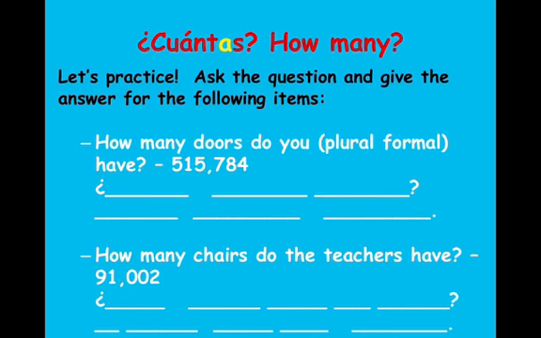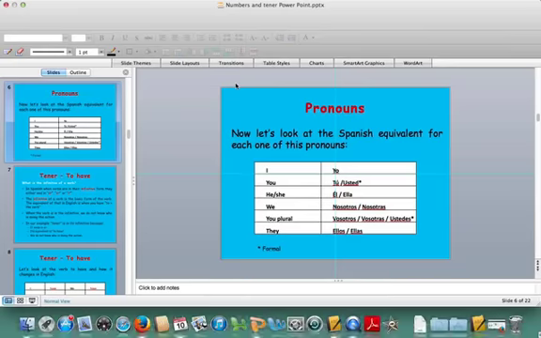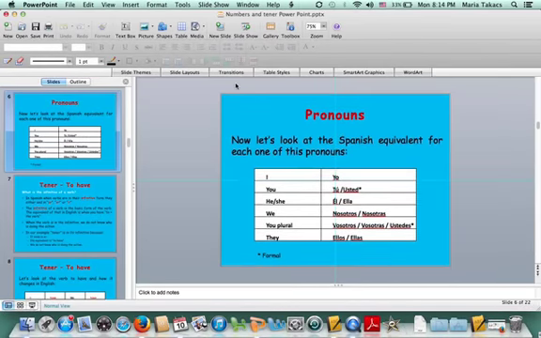You have 515,784 doors. And how many chairs do the teachers have? Sorry, it's plural. The teachers have 91,002 chairs. That's the end of it. I expect those written out on a piece of paper and brought into class on our next scheduled class. Muchas gracias. Hasta luego.